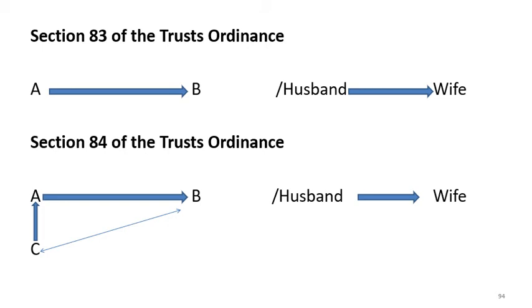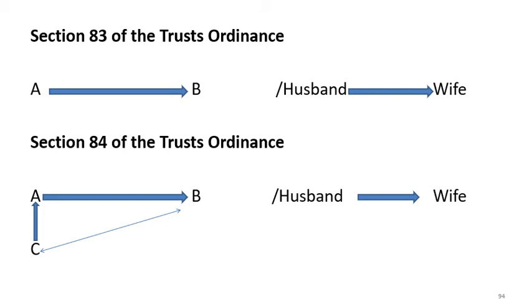Then in the same case, take a husband who transfers his property to his wife. He cannot say he transferred his property to the wife not for the benefit of the wife, because there is a general presumption that if the parties are in a relationship of this kind and the husband transfers his property to his wife, it is for the benefit of the wife.